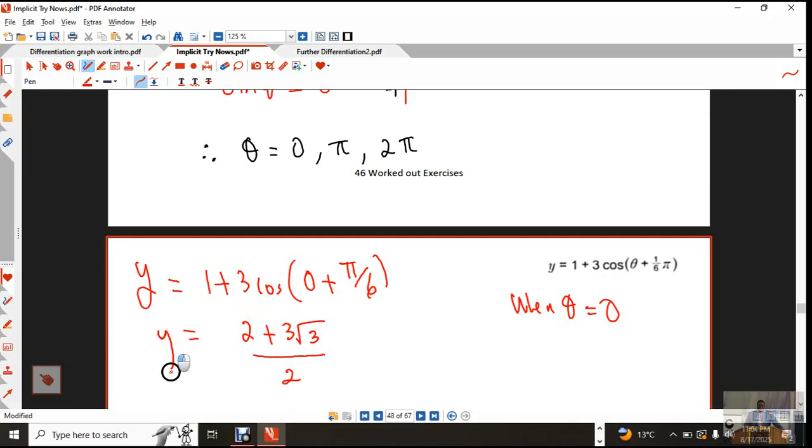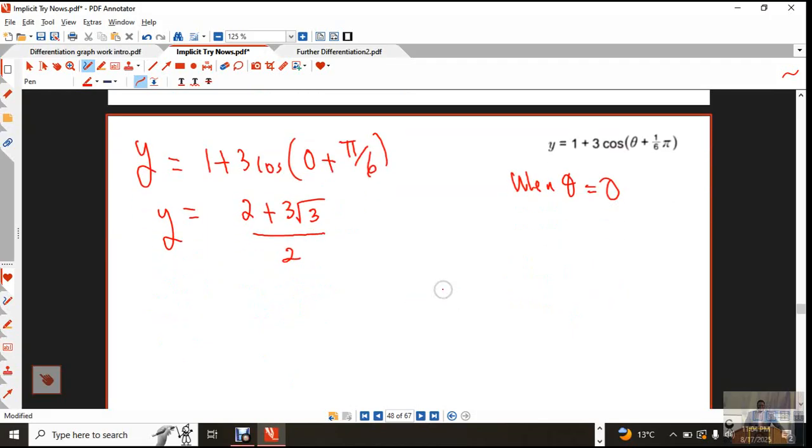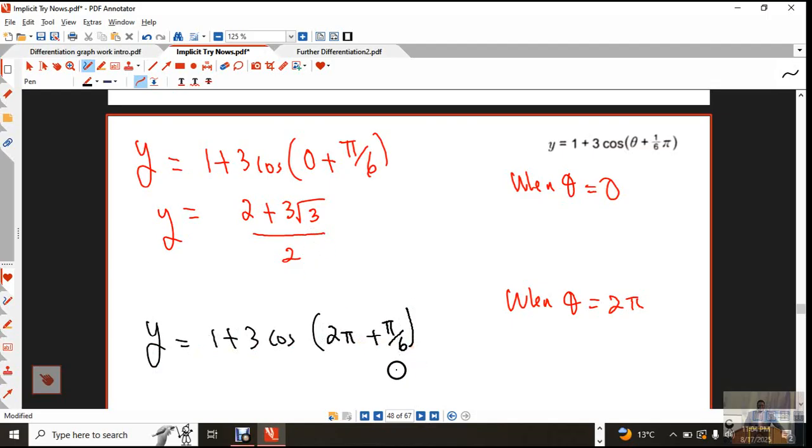This is going to be the value of y. Okay, let's see what we get when theta equals 2 pi. Then y equals 1 plus 3 cosine of, now theta is 2 pi plus pi upon 6.